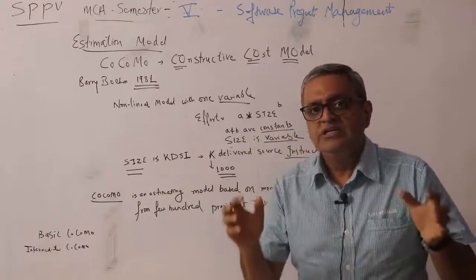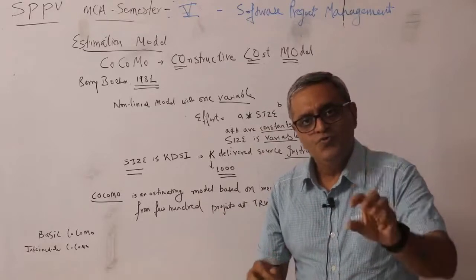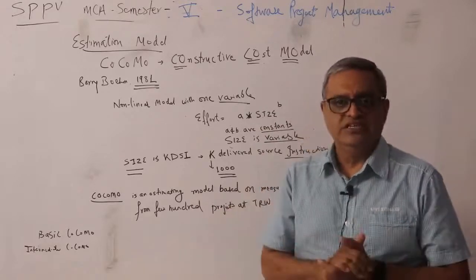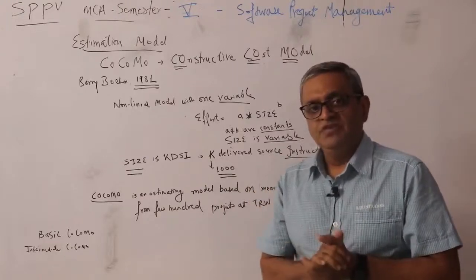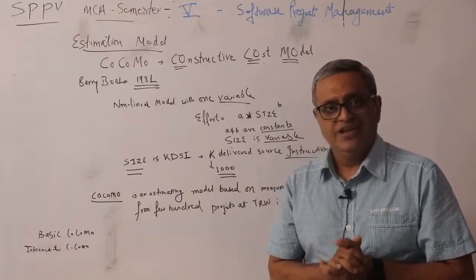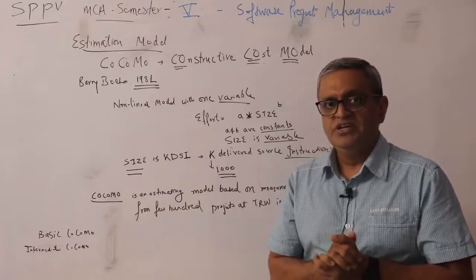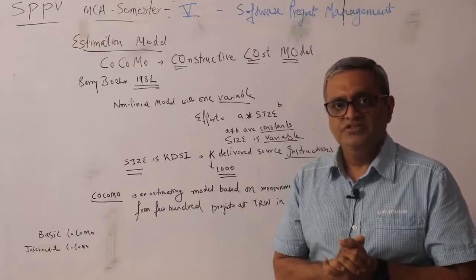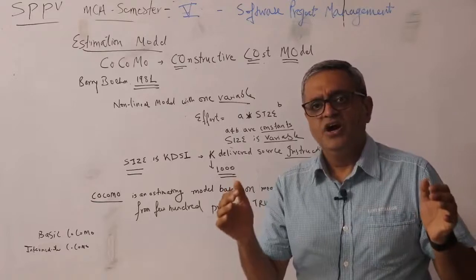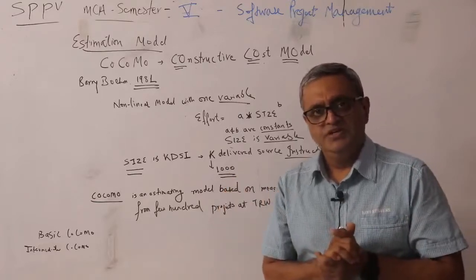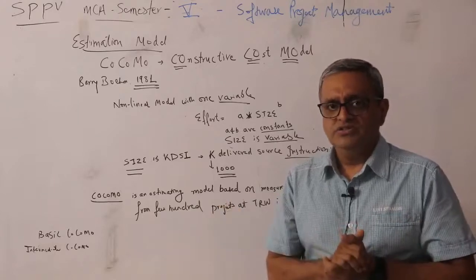COCOMO doesn't tell you how to arrive at size; it expects you to know the size. Having said that, it's not used in industry at present, but from our perspective we are going to learn this, because numericals do come in the exam, and we should also be aware of how efforts were estimated in olden days on legacy technology.